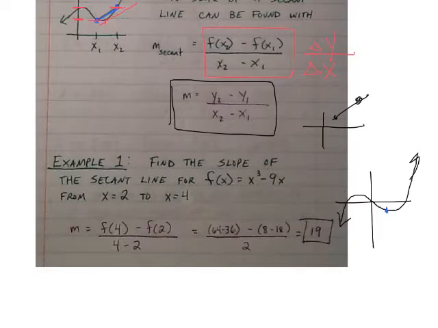So 2 is located maybe right around here on the graph, 4 is up here, and we want to find the slope between those 2 points, the slope of our secant line. We evaluate f of 4, and we find it to be that. We evaluate f of 2, and we find it to be that. And then we divide that by 4 minus 2, getting us a final answer of 19. So the slope of this secant line is rise 19, run 1.